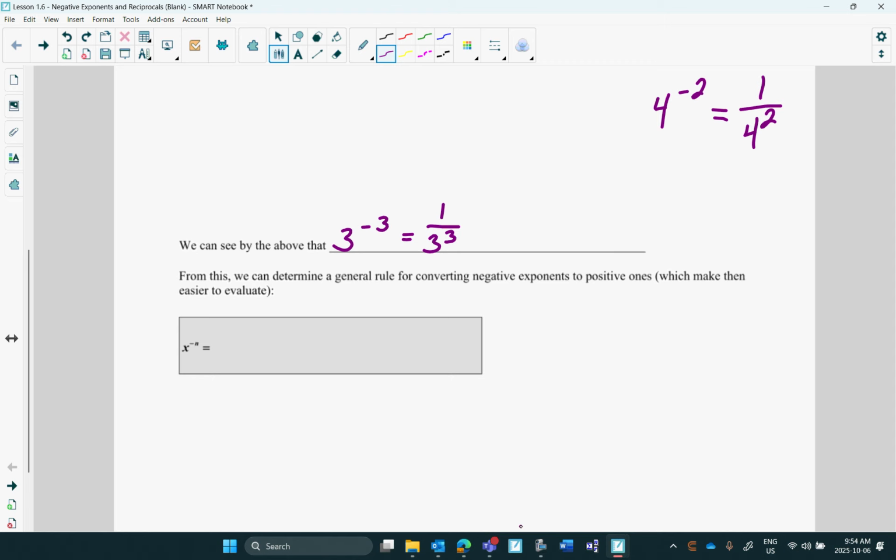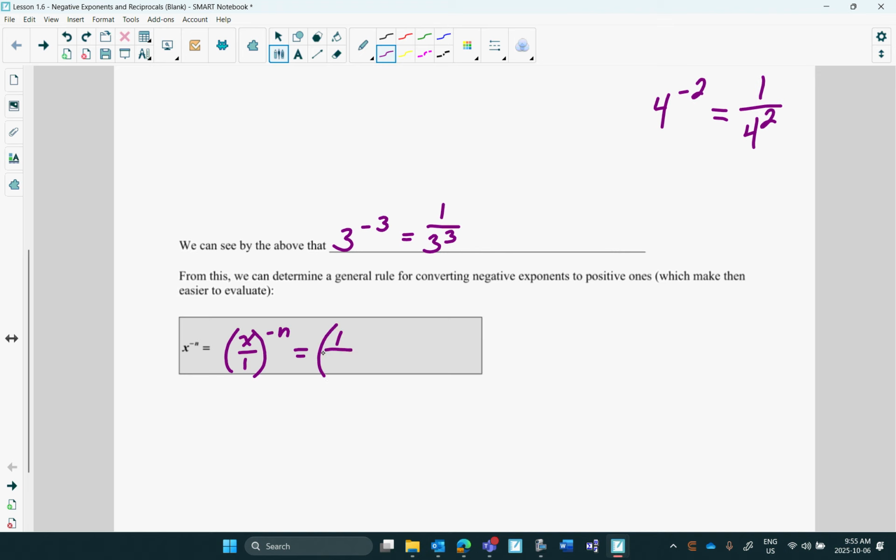Or here's another way to look at it. Okay? What we do whenever we have a negative exponent, change the base to a fraction. How do you change anything to a fraction? Toss it over 1. Now how do I make this a positive exponent? Flip it.